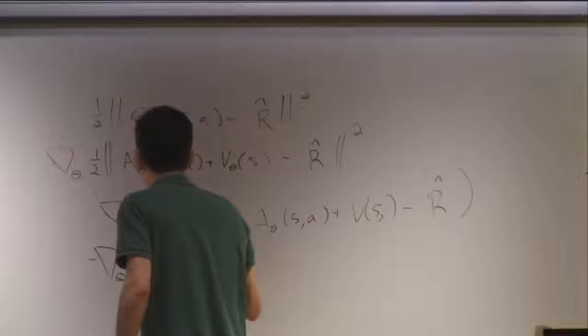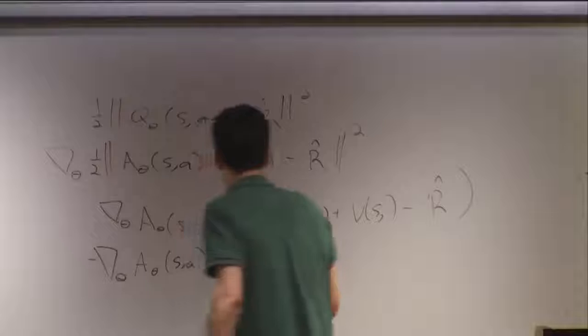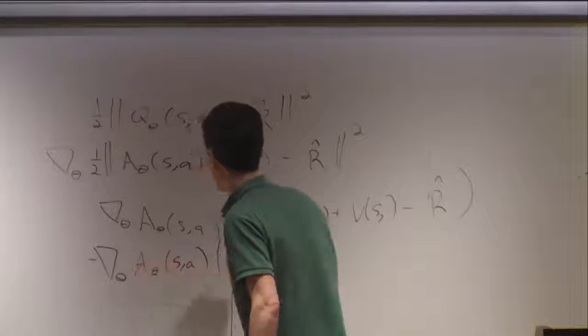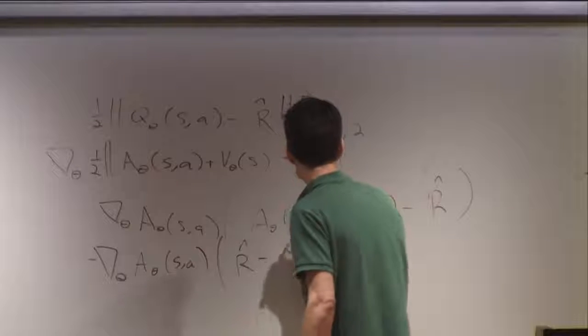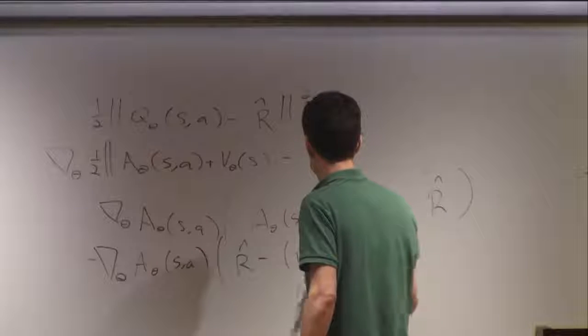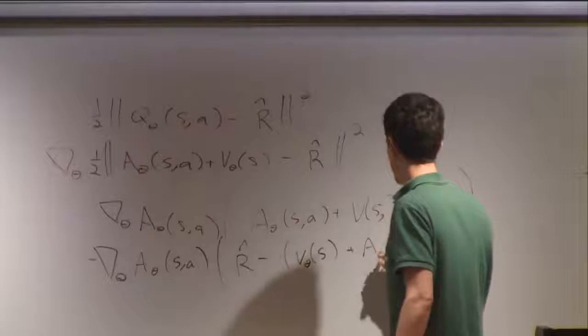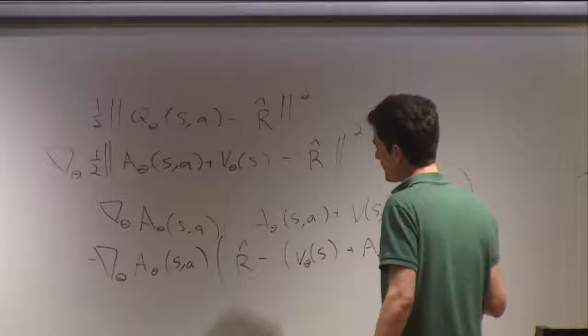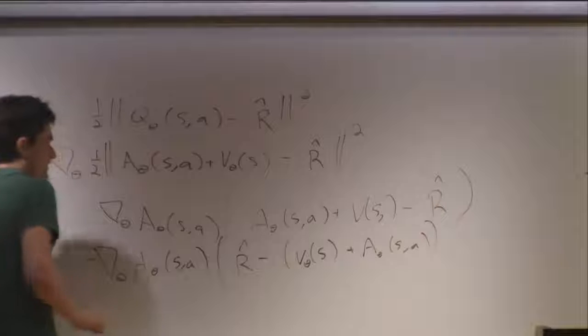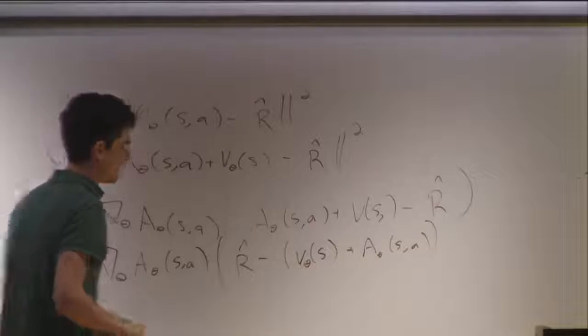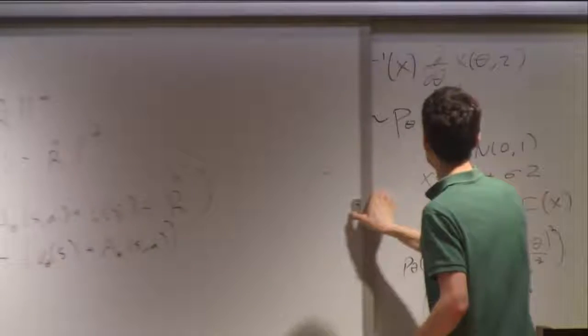So we're going to have something like grad of advantage times R hat minus value minus advantage. Okay, so that's what we get for the Q function regression case.